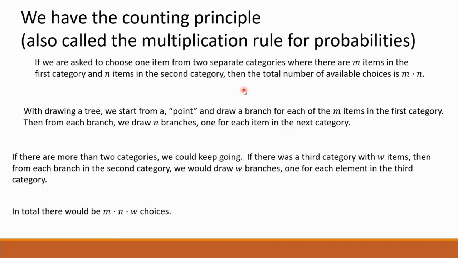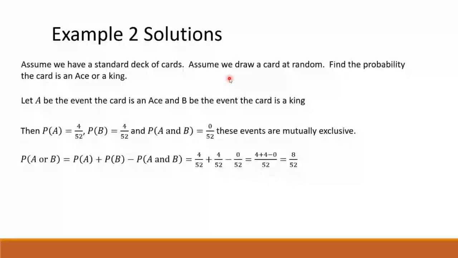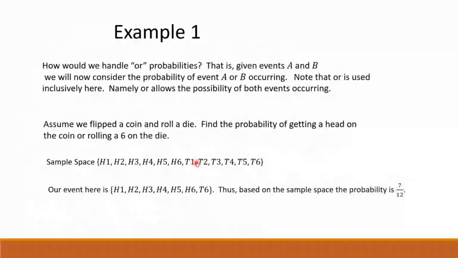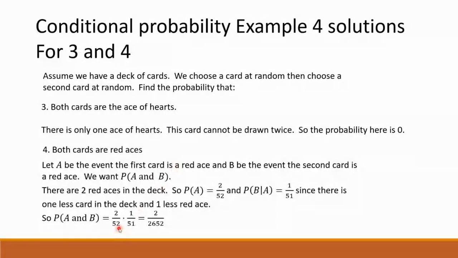With the deck of cards, there are 52 choices for the first card, right? You're choosing 2 cards. And for the second card, there are 51 choices, right? So we multiply. That's how many choices there are.